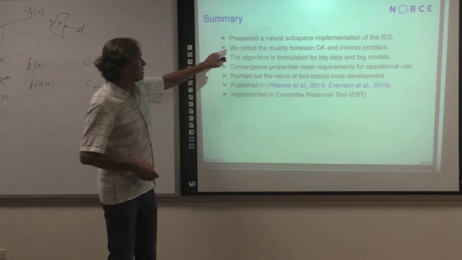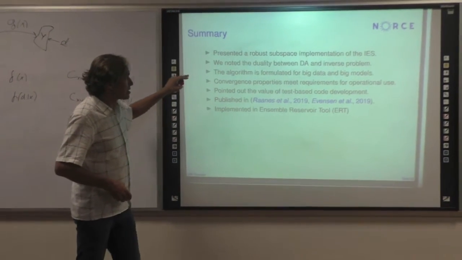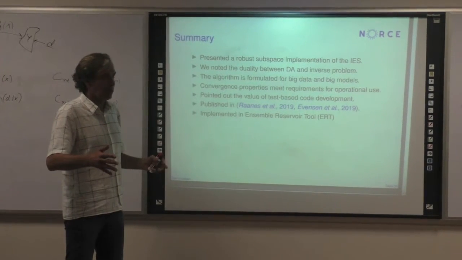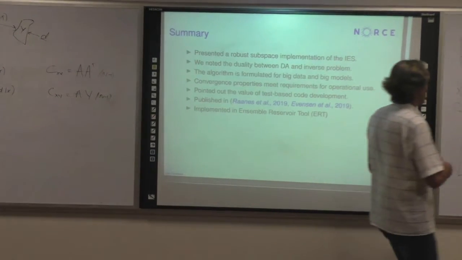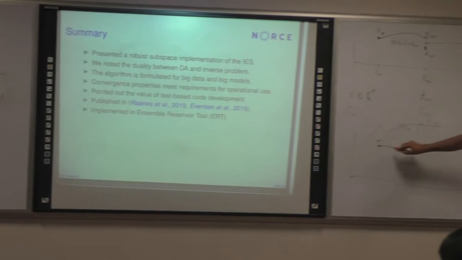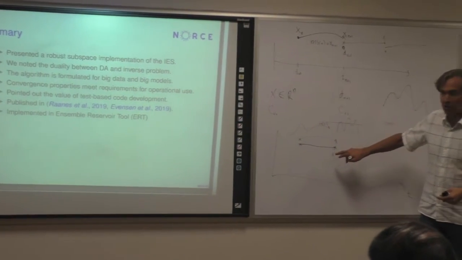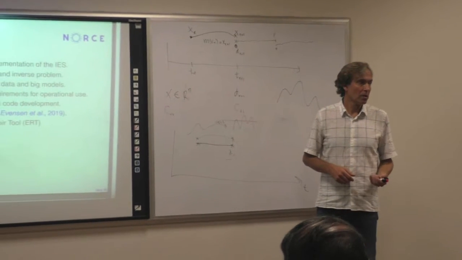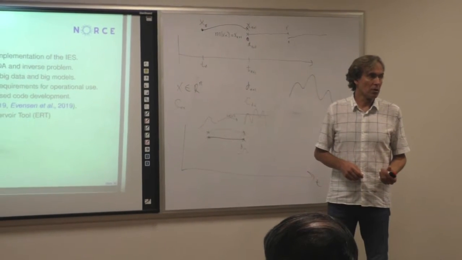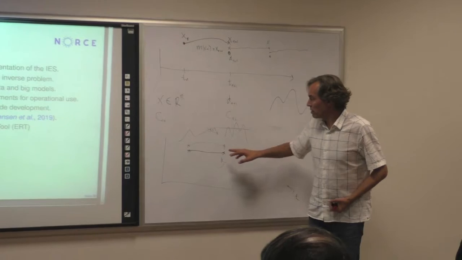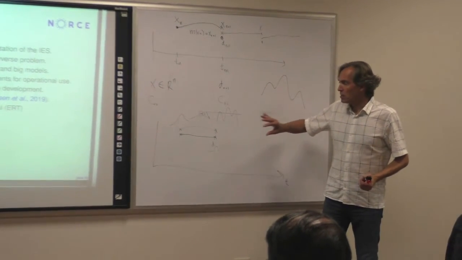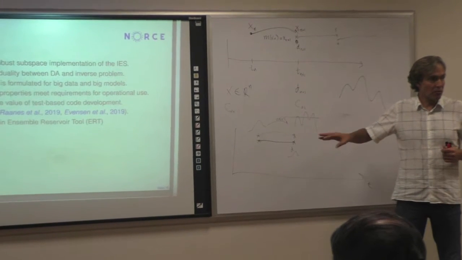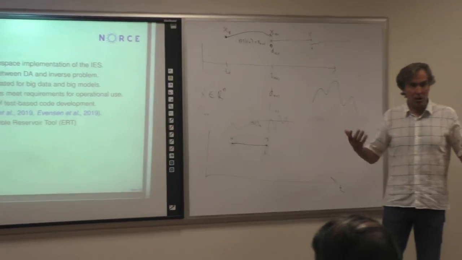And then we saw this duality between the sequential data assimilation and the inverse problems, we can use the same method. Now we could solve this problem by iterating here until you have convergence, and then the estimate here would be the optimal. And in my opinion, this is significantly going to improve the results in sequential data assimilation if you do these iterations, and then you can afford it.